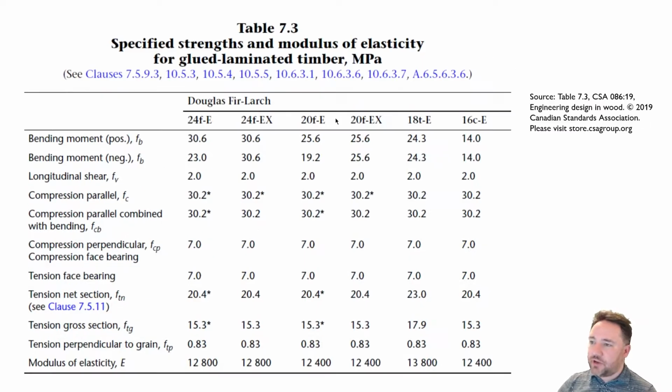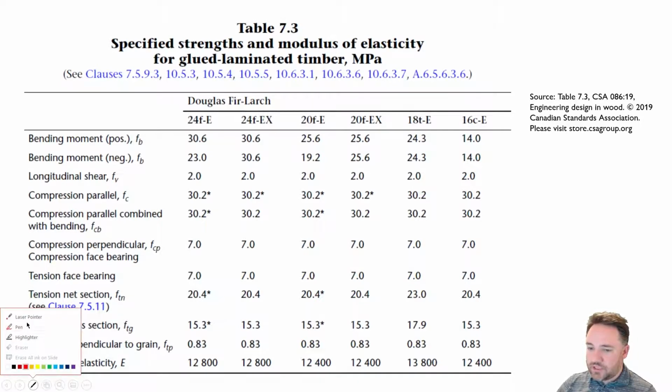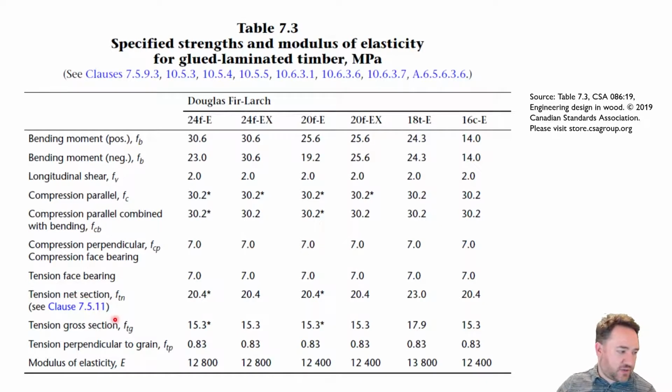So Douglas fir larch, 20 FEX, and I'm looking here for two different strengths. One is my gross section strength, and one is my net section strength. So I have two, FTN of 20.4 and an FTG of 15.3. So those are the two different values that I need to use for the two different strengths.